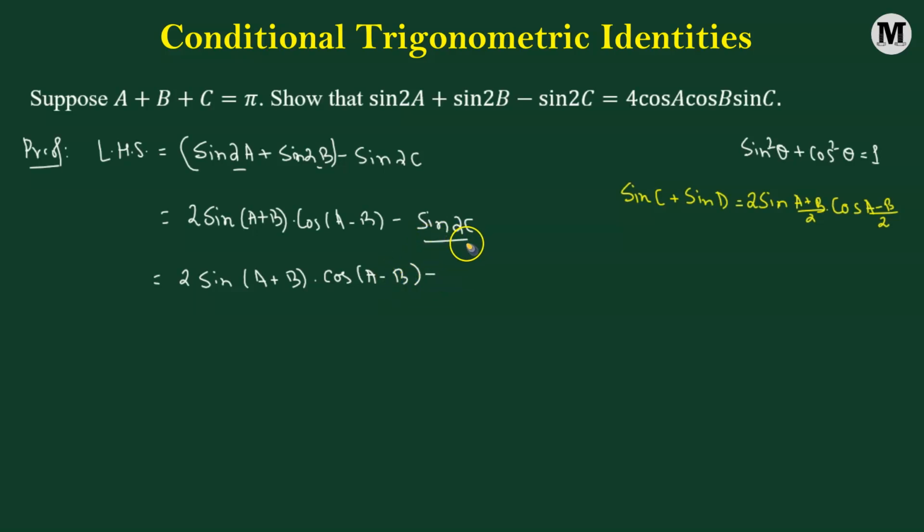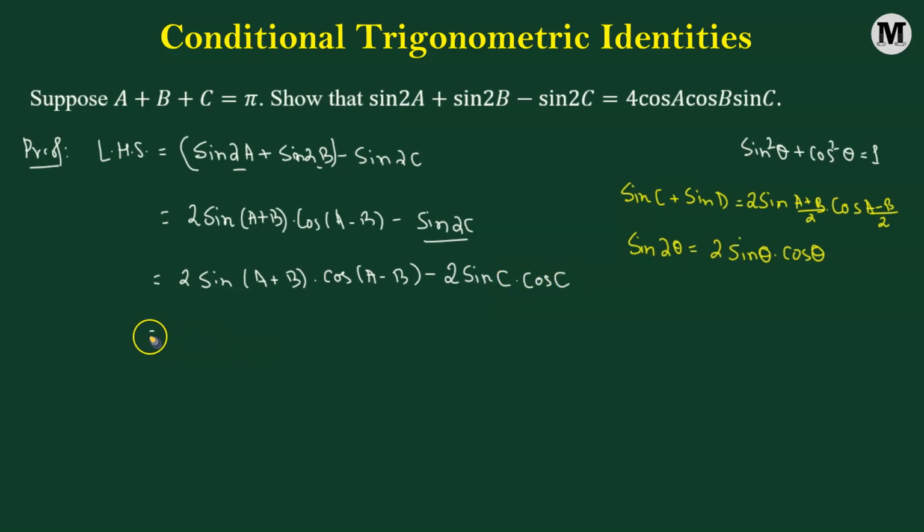Now what is sine of 2c? There is a standard formula. Whenever we have sine of 2 theta, this can be expanded to get 2 times sine of theta times cosine of theta. So in our case, we're going to get 2 times sine of the angle c multiplied by cosine of the angle c.